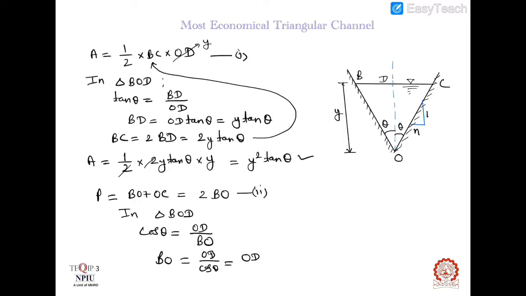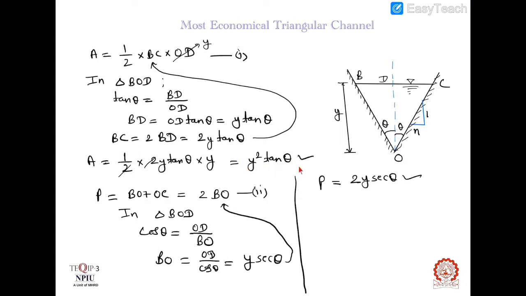What is OD? OD is depth of flow here, Y. So BO is equal to y sec theta. Substitute this BO value in this equation number 2. We will have perimeter of this triangular channel as 2 times of y sec theta. So now perimeter is 2y sec theta and area of flow is y square tan theta.